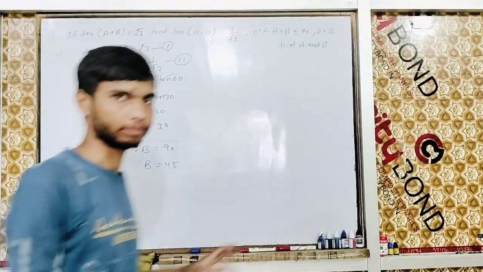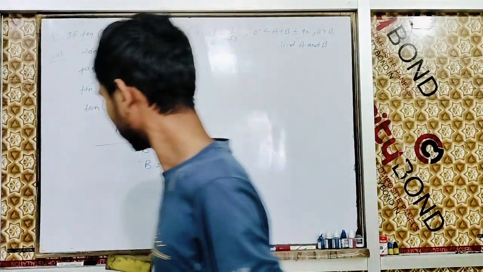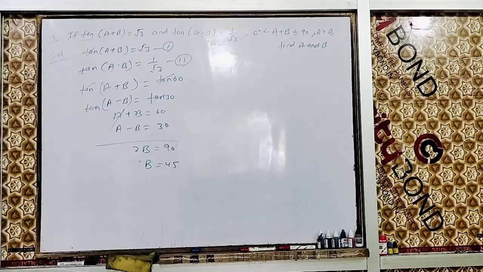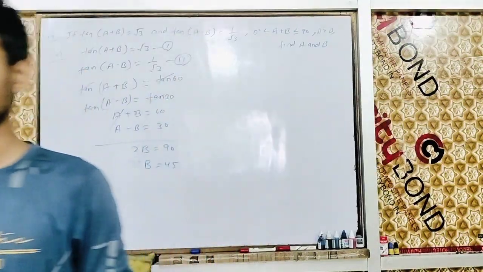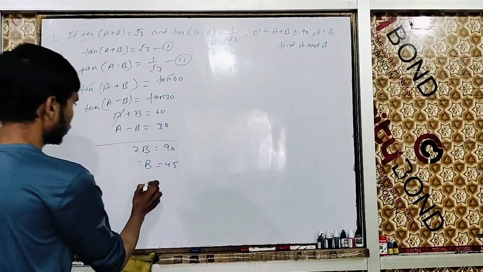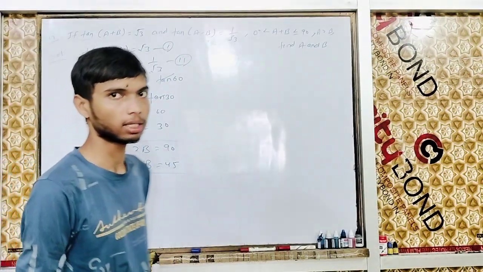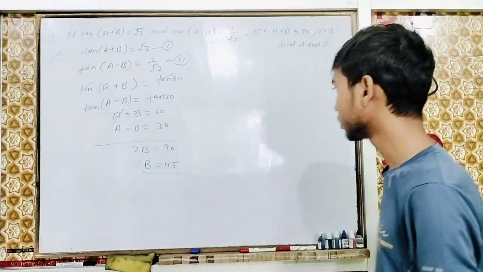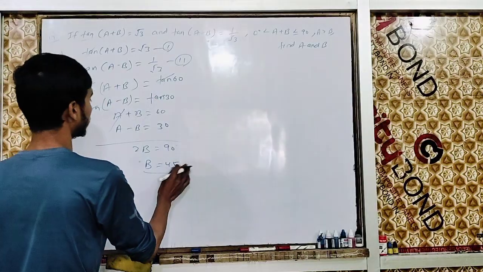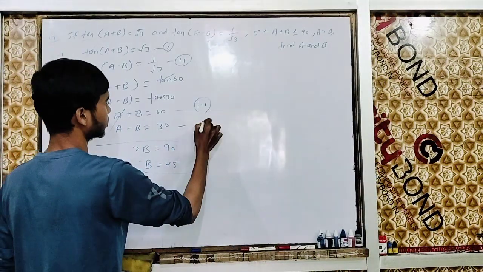Just here we added and we came to the total. Here you got the value of b. That is telling you that angle b is nothing but 45. You can put this value of 45 in any equation, take this as a third equation, this as a fourth.